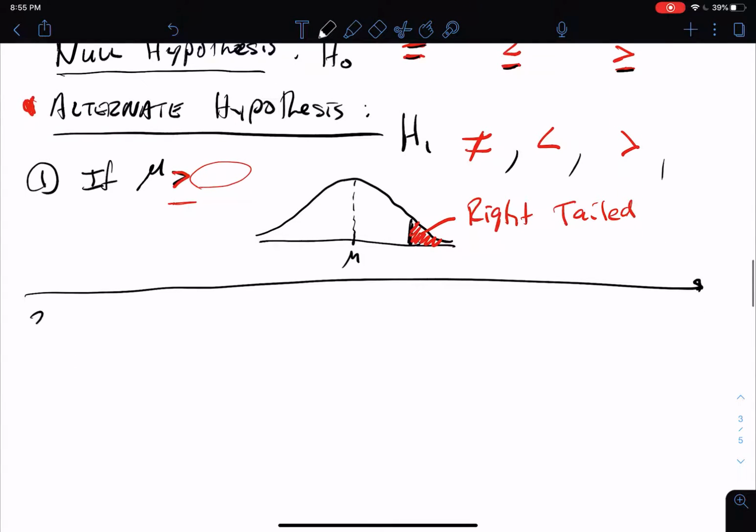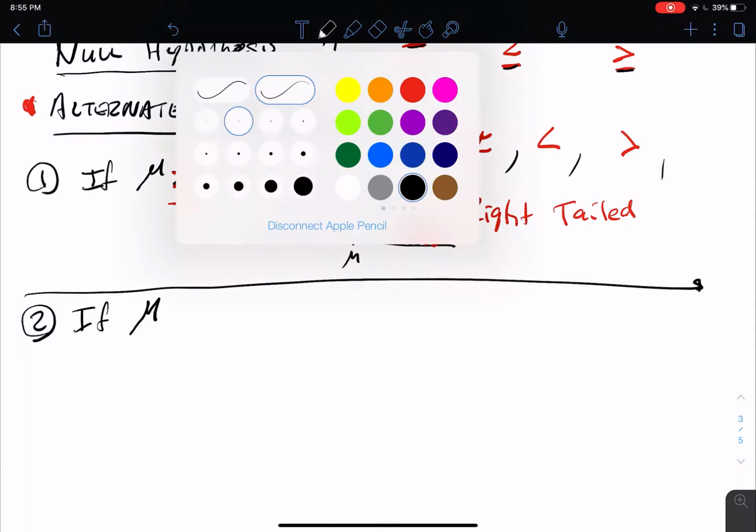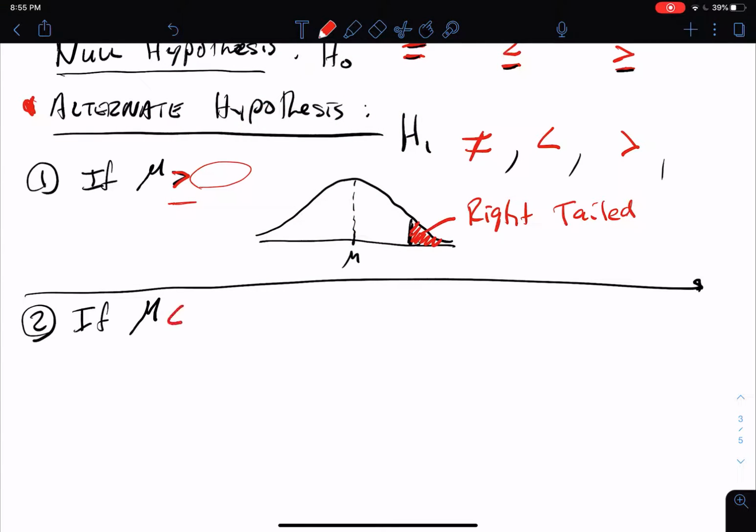Number two. So that's greater than. What if the alternate hypothesis says mu is less than something? What does that picture look like? Well, there's our normal distribution. There's our mean, our mu.